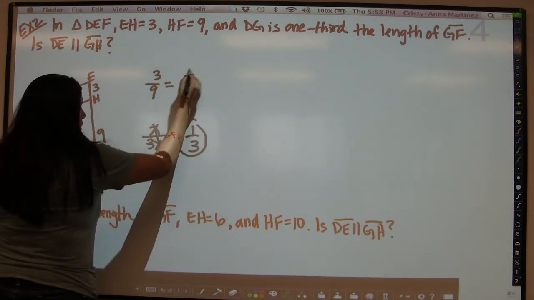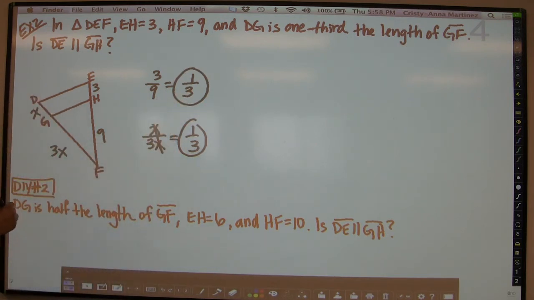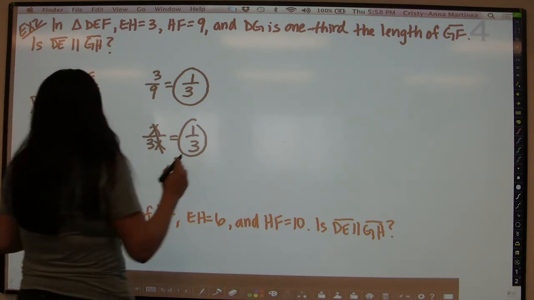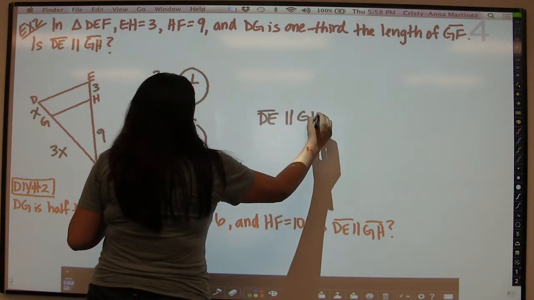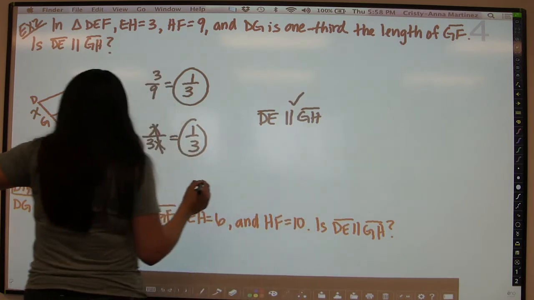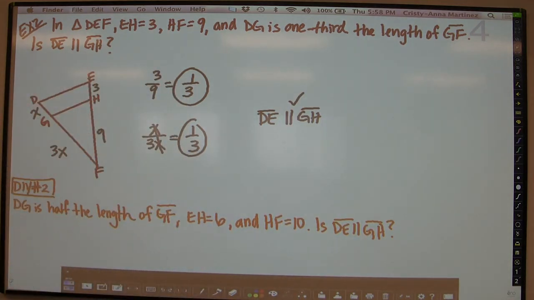So we have equivalent ratios of 1/3 there. So because the segment divides the sides proportionally, that means that DE is in fact parallel to GH according to the converse of the triangle proportionality theorem.